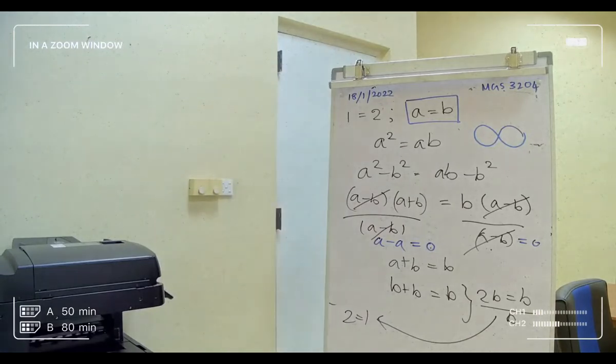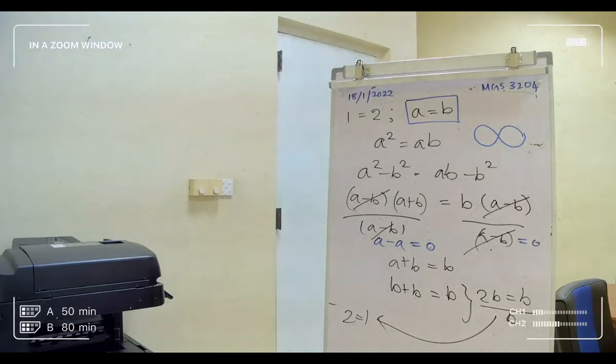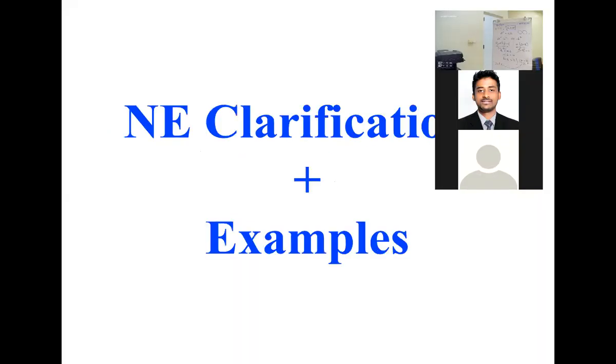In that part, we'll do a few, not that advanced, but a few advanced applications and see what we can do. Right? So we'll call it Nash equilibrium clarifications and examples, right?